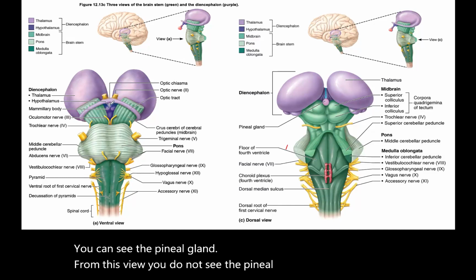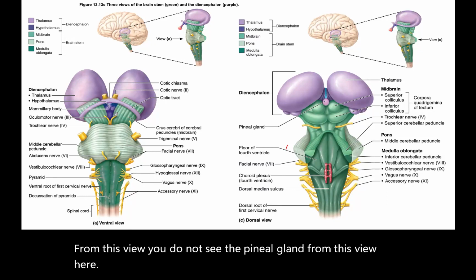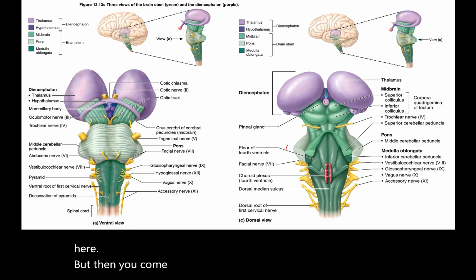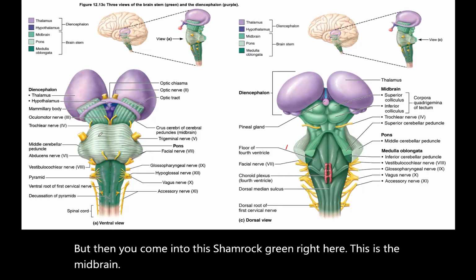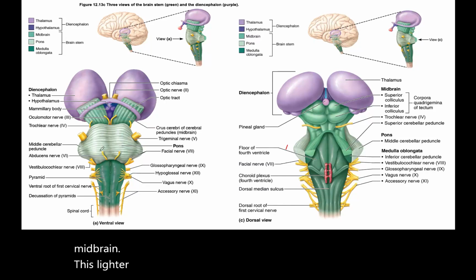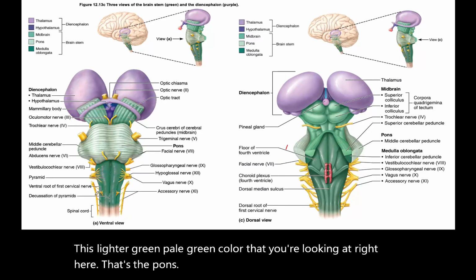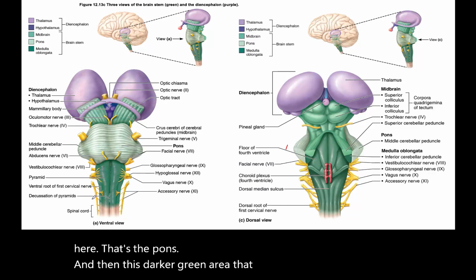But then you come into this shamrock green right here. This is the midbrain. Right. This lighter, pale green color that you're looking at right here, that's the pons. And then this darker green area that you're looking at right here, that's the medulla oblongata.